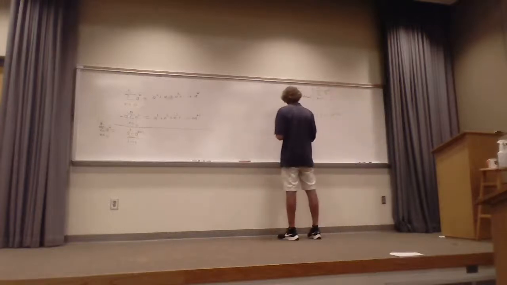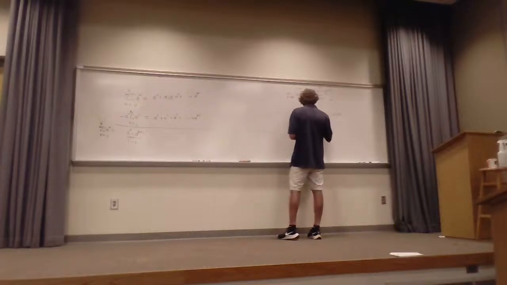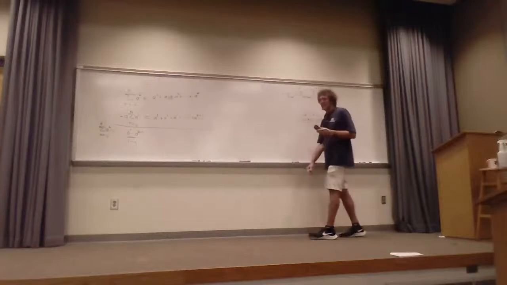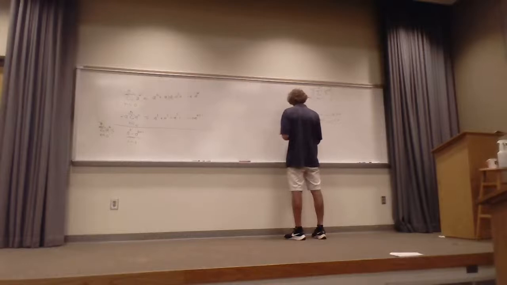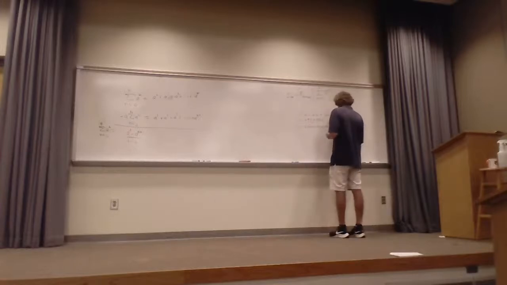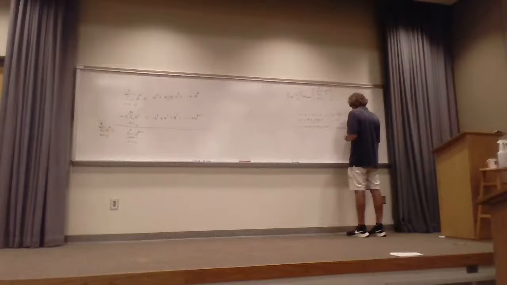If I write them backwards, I get 100 plus 99 plus 98 plus dot, dot, dot, plus 0, right? Now, if I add these two columns up, I get 100 plus 100 plus 100 plus dot, dot, dot, 100, right? Or I have 100 times 101.